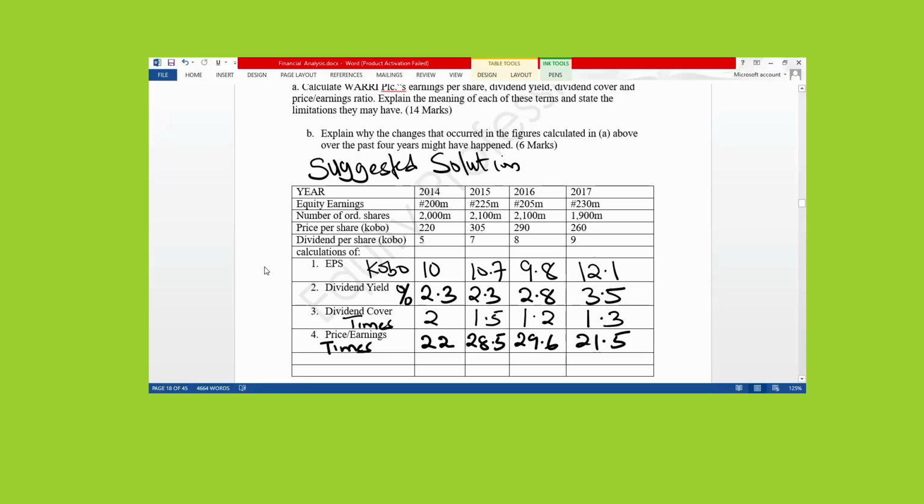Now look at your calculation. Earnings per share in 2014, 10 kobo. 2015, 10.7 kobo. Examiner is asking you, why is it that earnings per share increased from 10 kobo to 10.7 kobo?